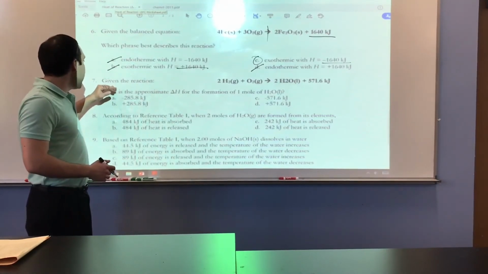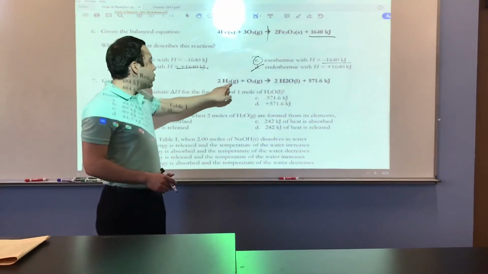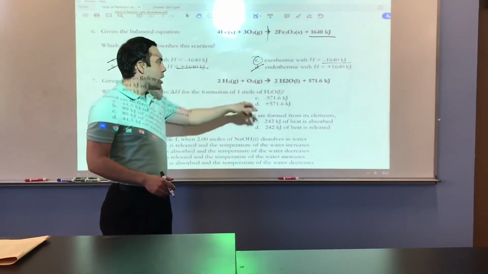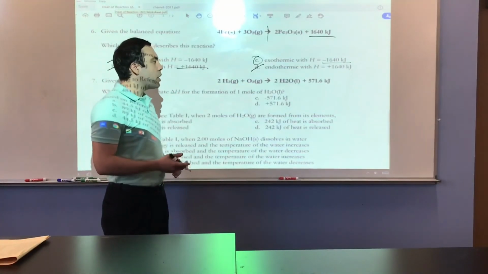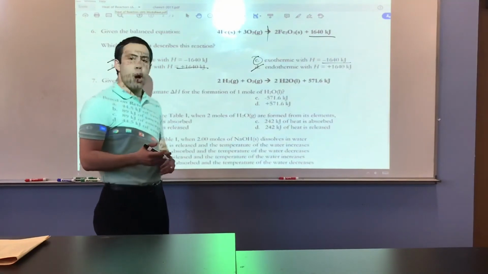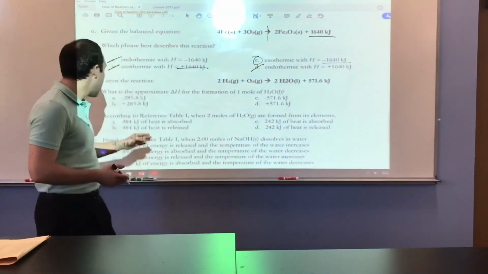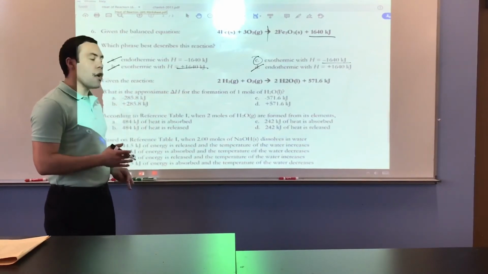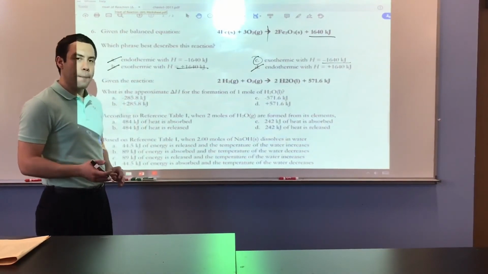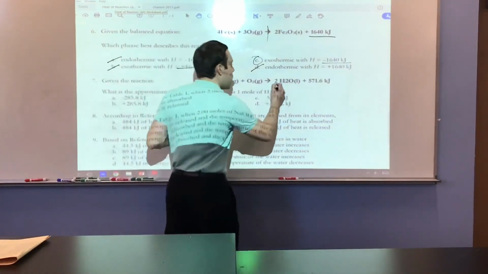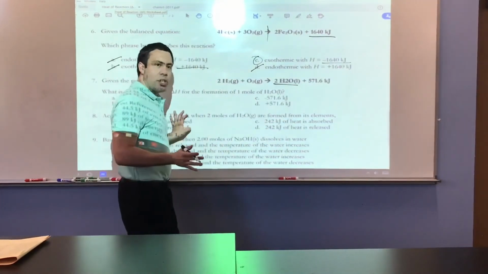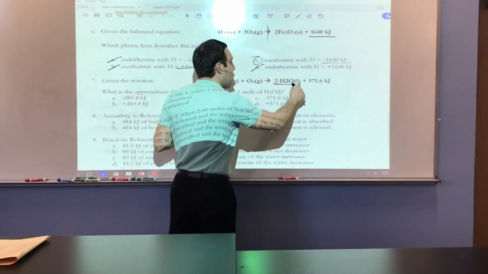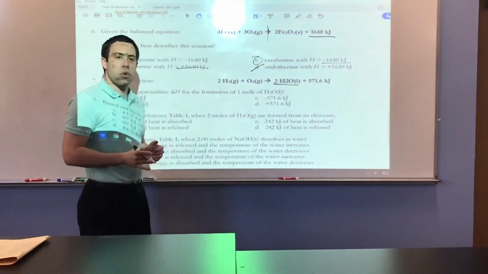Problem number 7 states, given the reaction, 2H2 gas plus O2 gas yields 2H2O liquid plus 571.6 kilojoules. What is the approximate delta H value for the formation of 1 mole of H2O liquid? This equation gives us the delta H for 2 moles of H2O liquid created.